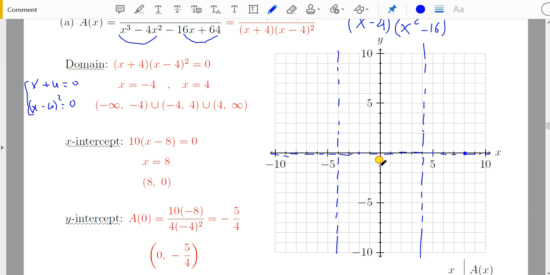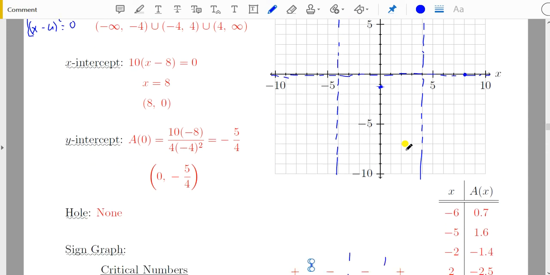So the x-intercept is 8, 0 here, and the y-intercept is 0, minus 5 over 4. There's no hole.